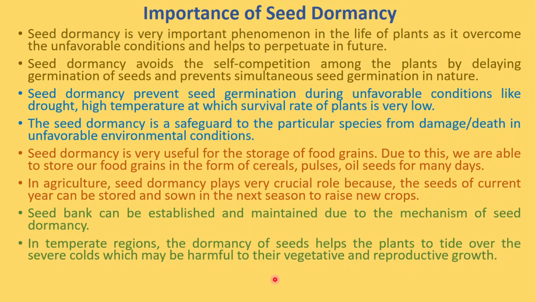So this seed dormancy concept is very important in temperate regions, because severe colds can be experienced there, and due to that severe cold it is very harmful to vegetative and reproductive growth. But due to the seed dormancy concept, the plants can be saved from such severe cold conditions.